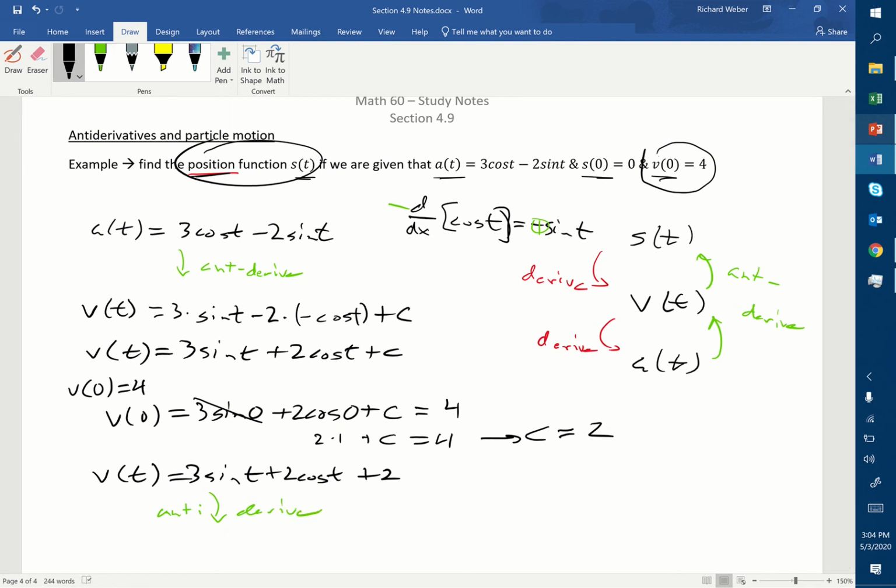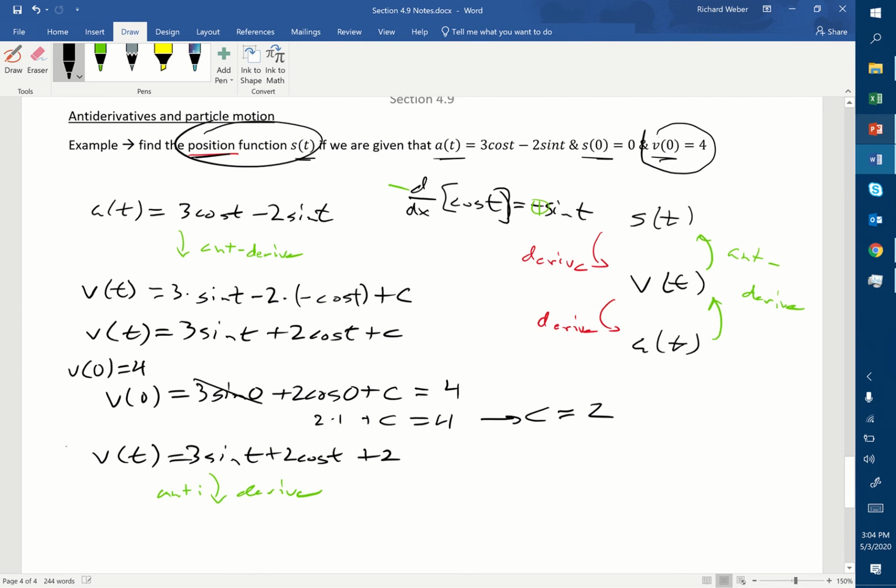All right, so let's do it. We're doing pretty good. So the position function now is 3 times, okay, sine again, guess what? Negative cosine. Students stumble over that. You will too until you get it straightened out. Plus 2 times the function whose derivative is cosine is sine.